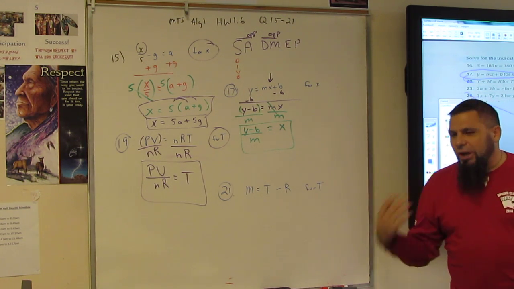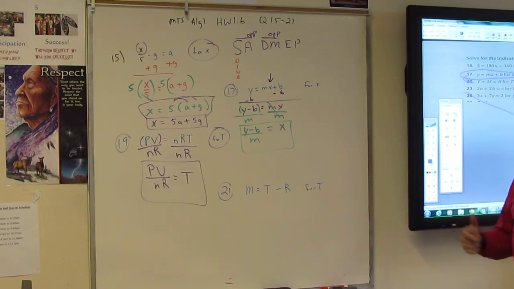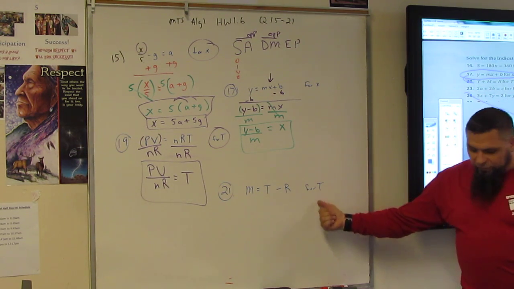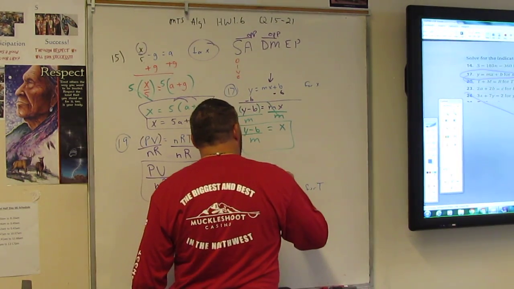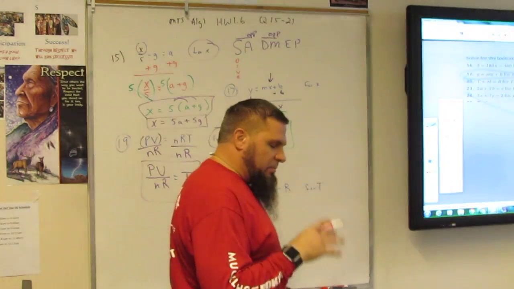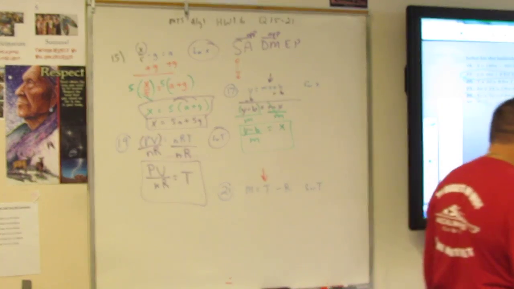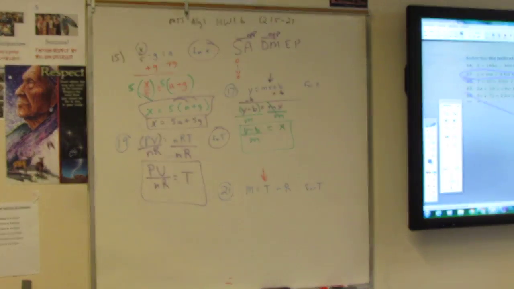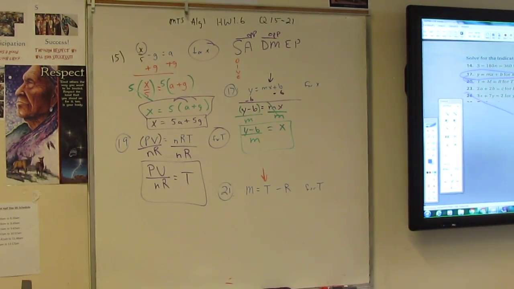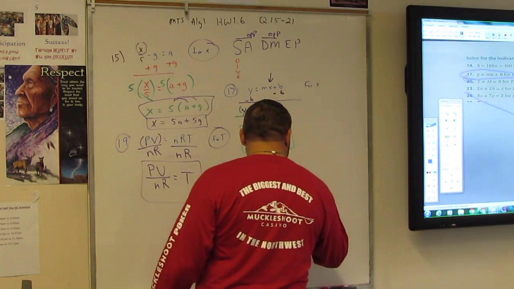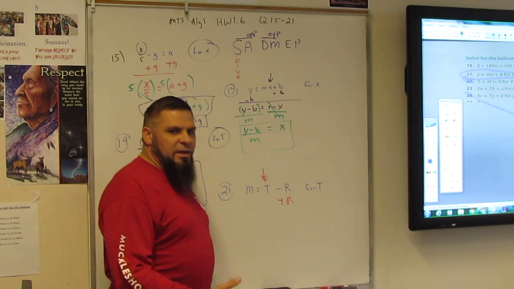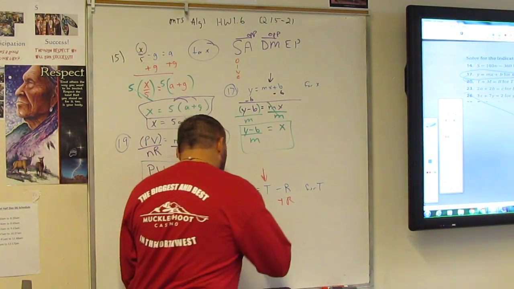But if somebody in here can tell me, if we're solving for t, is there something that adds or subtracts against t, what is it and what we should do? R. And what should we do? Add it. Okay? And just to one side or both? Both.